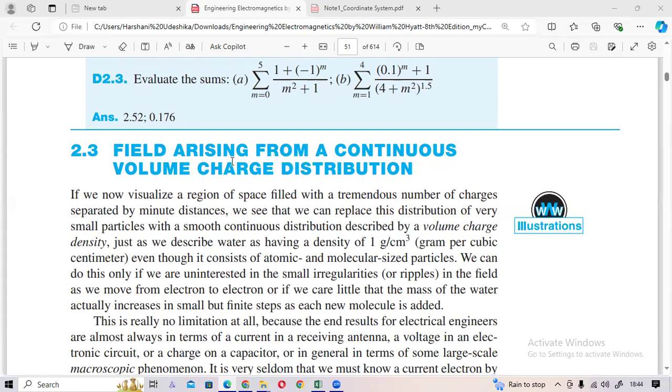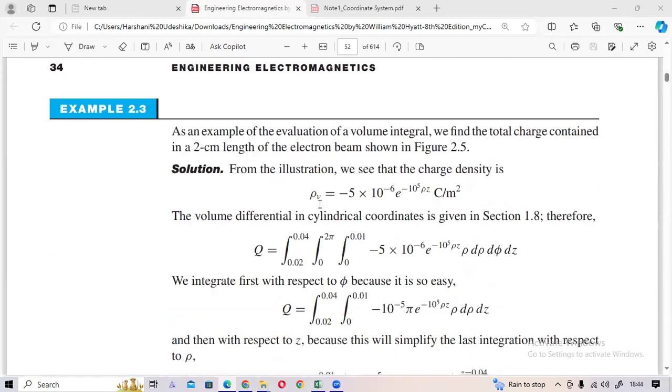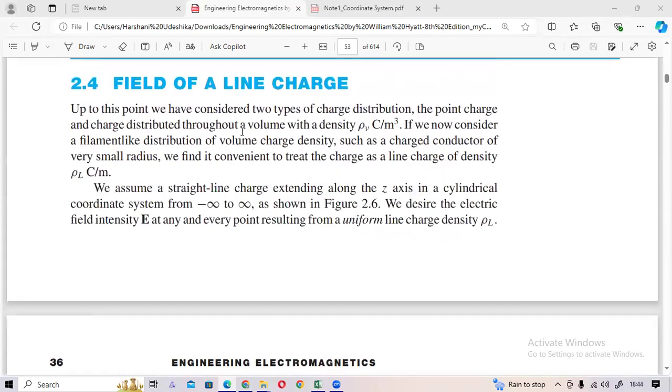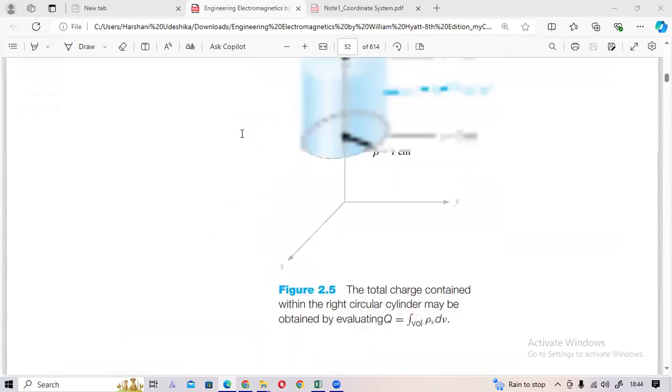We need to find the electric field generated from volume charge distributions, surface charge distributions, and linear charge distributions.